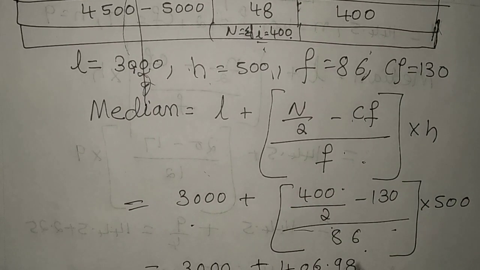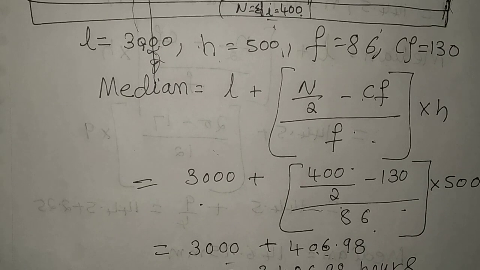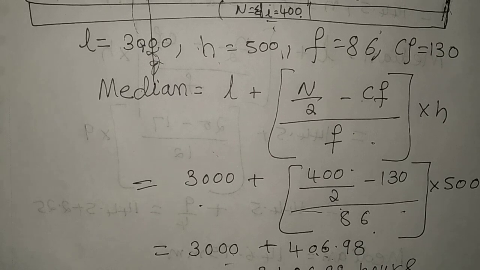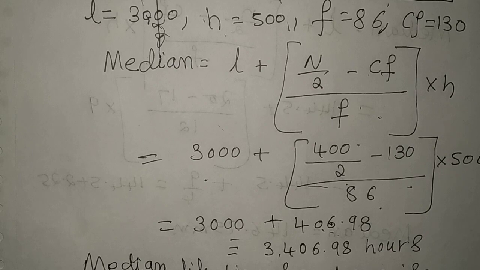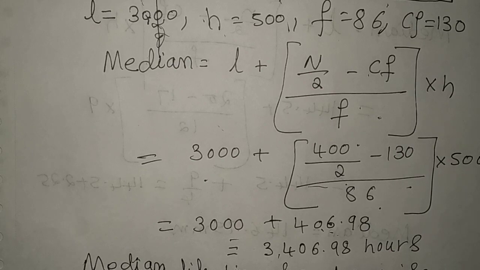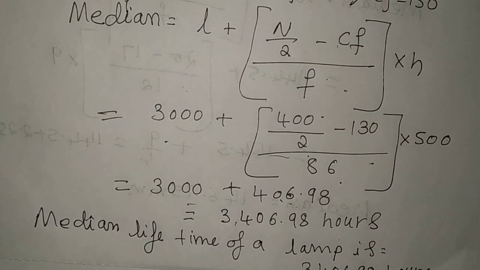Finally, we get 3000 plus 406.98. Adding this, we'll get 3406.98 hours. So finally, the conclusion is the median lifetime of lamp is 3406.98 hours.